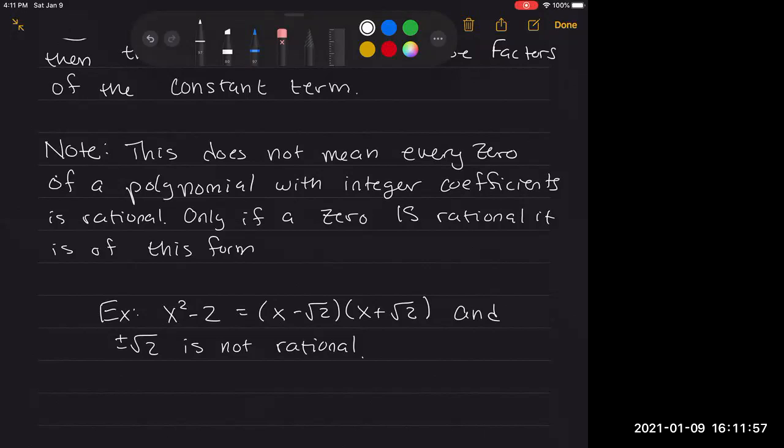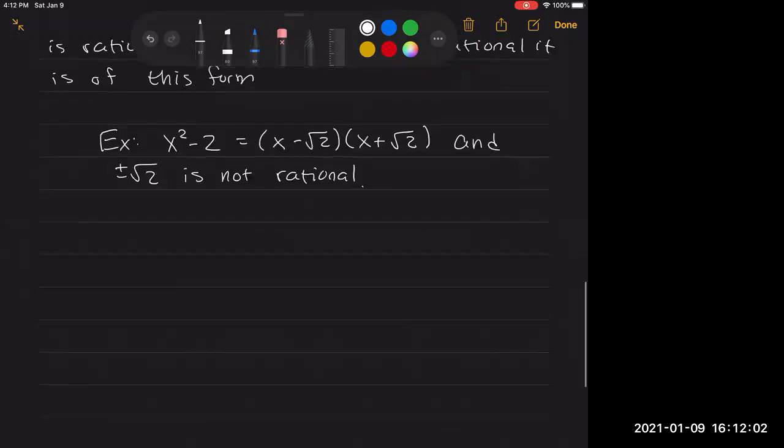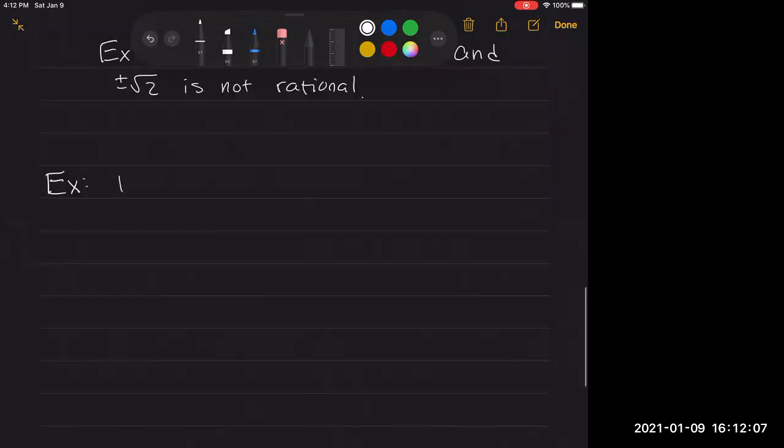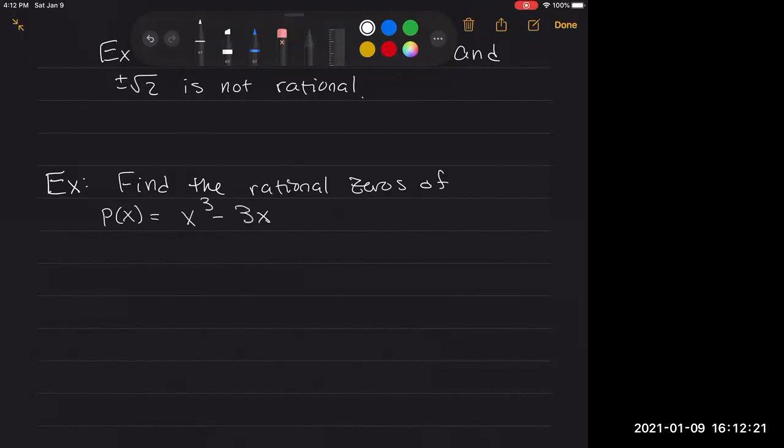All right, so now we're going to do an example where we find the rational zeros of a polynomial. So we're going to look at the polynomial p of x equals x cubed minus 3x plus 2. So our leading coefficient, a n, is 1.